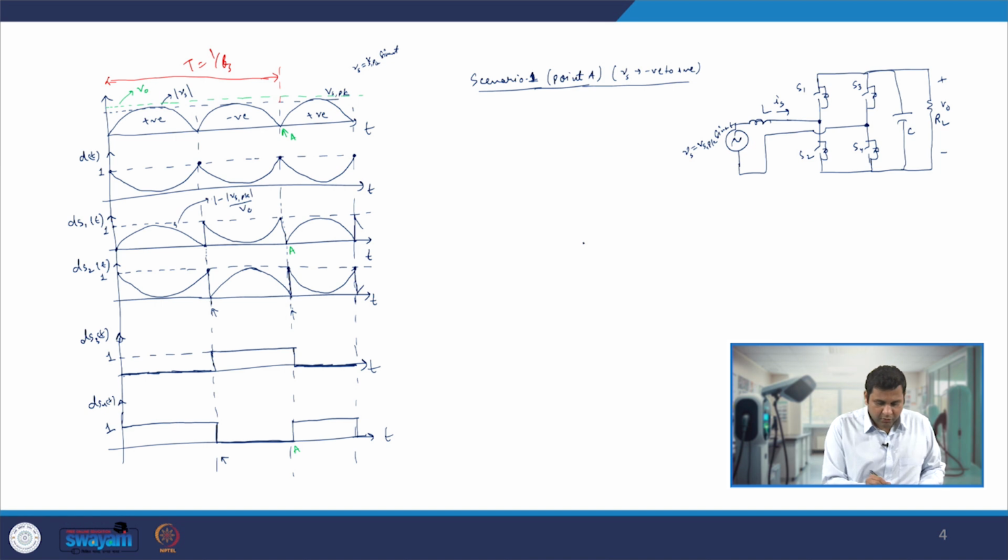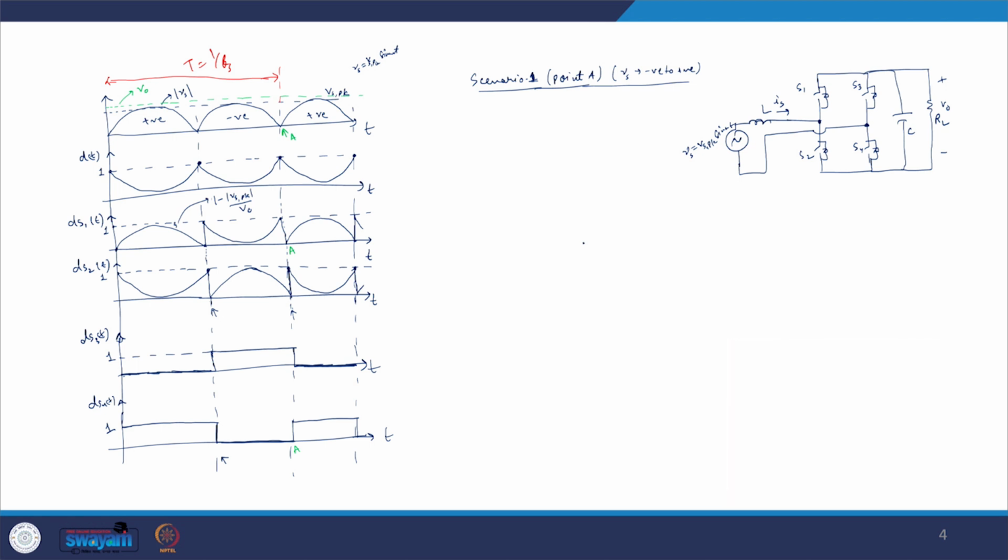And if we try to draw our currents, how does our current look like? If I draw the switching cycle average current variation, it will look like this.